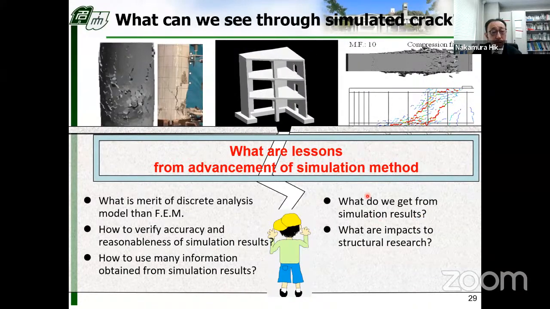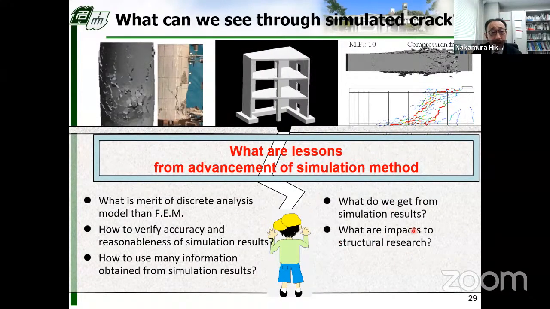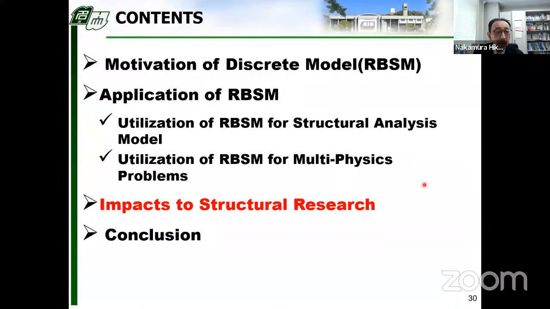What do we get from simulation results? What is the impact on the structural research field? So as a final part, I would like to discuss the impact on structural research from the consideration of the numerical side.